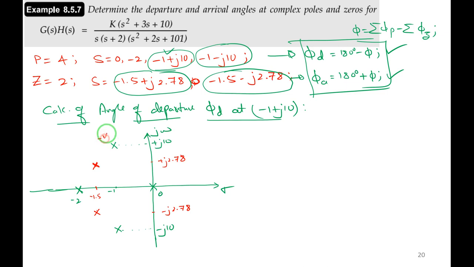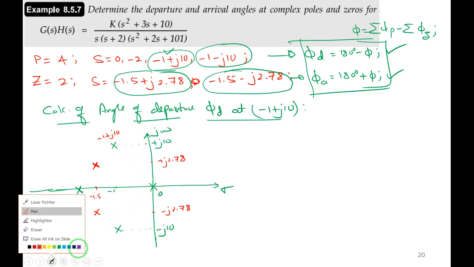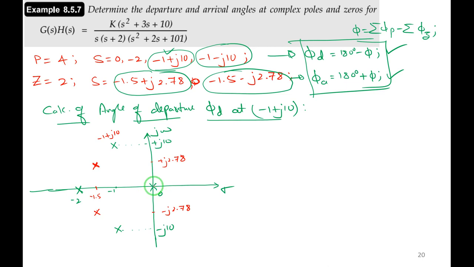This is minus 1 plus j10, the point under consideration. From the remaining poles and zeros, first I will take the poles. This is the first pole. Let me join the line from this first pole.